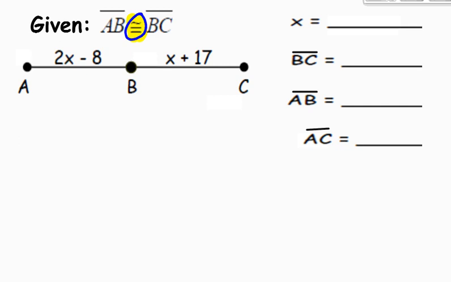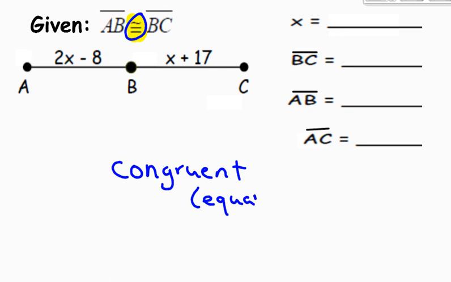So that reads line segment AB is congruent, let's write that down, that word, congruent, which also means equal. Okay, so line segment AB is congruent to line segment BC. Well, if line segment AB and BC are congruent to each other, that means they have to be equal to each other. So my equation is going to look a little bit different for this one.